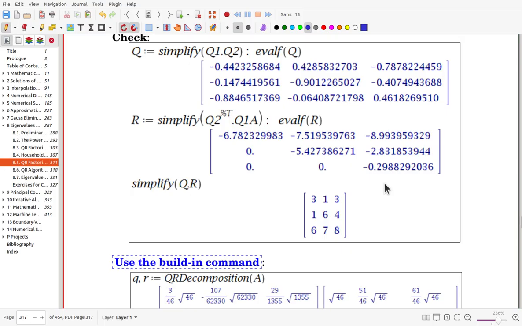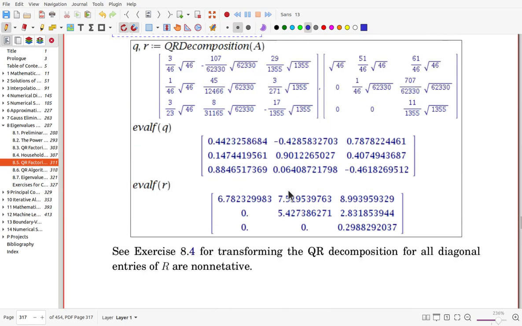But earlier we considered the theorem saying that once R has positive diagonal entries, then the QR factorization is unique. So by default, the built-in function tries to make everything positive when it's non-zero. So eventually, we can see the output is the same.